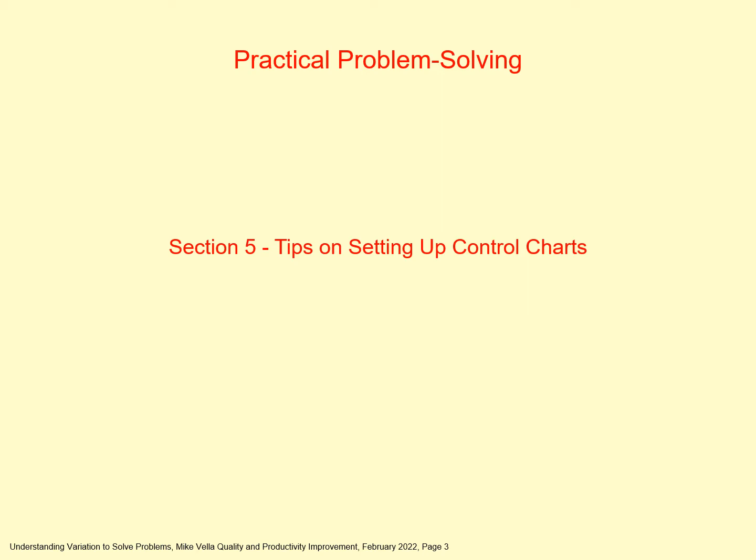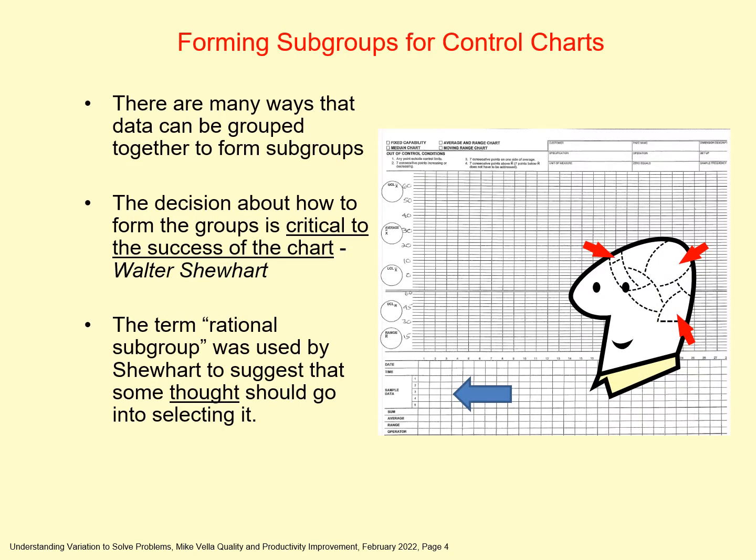Tips on setting up control charts. Well, you can see a control chart there on the right-hand side. You should be familiar with the control chart by now if you've seen the SPC module that we have. So there are many ways that data can be grouped to form what we call subgroups. And you see by the blue arrow there, that's where we record the data that we collect in subgroups.